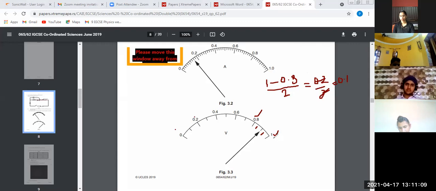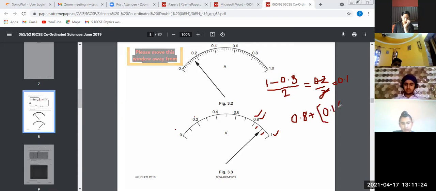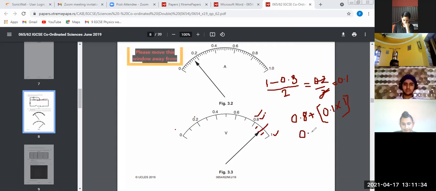Now we have to find the reading. 0.8 और 1 में से lower limit कौन सी है? That is 0.8. So 0.8 plus least count 0.1 multiplied by which line? After 0.8, this is the first line. There is only one line, by the way. So 0.8 plus 0.1 multiplied by 1 is 0.1.